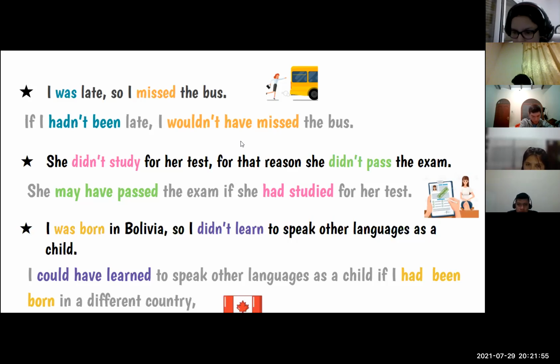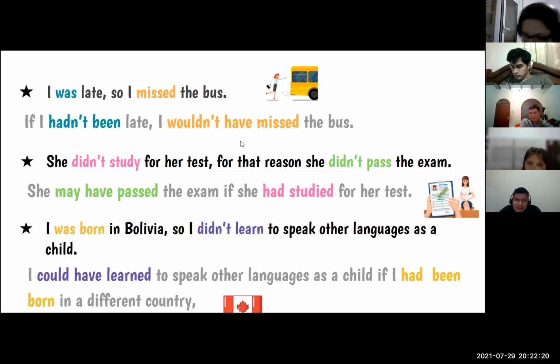Any other regrets? If I hadn't spent my money on Free Fire, I would have bought a new bike. Okay, very good. Any other sentences?